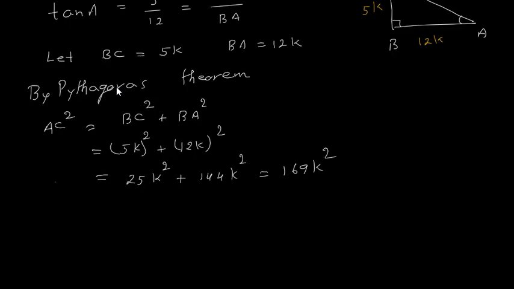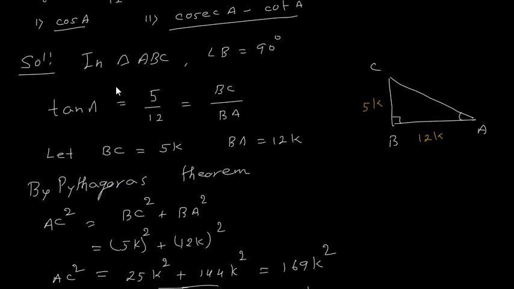This is the value of AC square. Therefore the value of AC is the square root of 169K square. Now the square root of 169 is 13, and the square root of K square is K. So we got the value of AC as 13K.